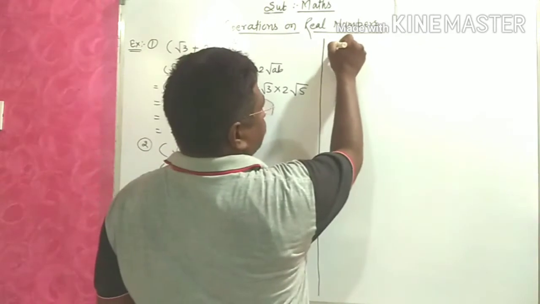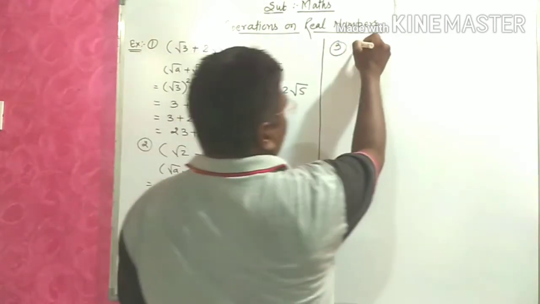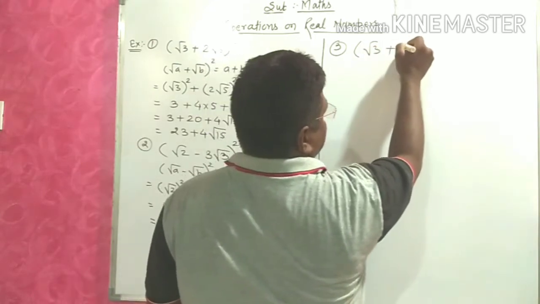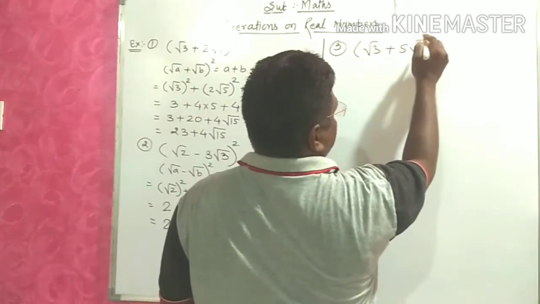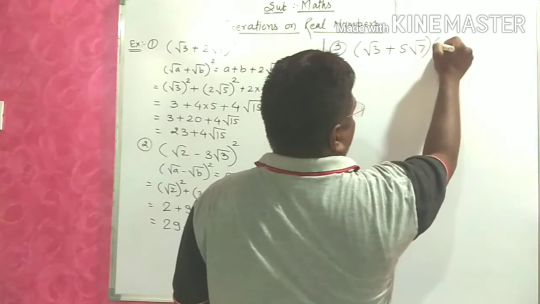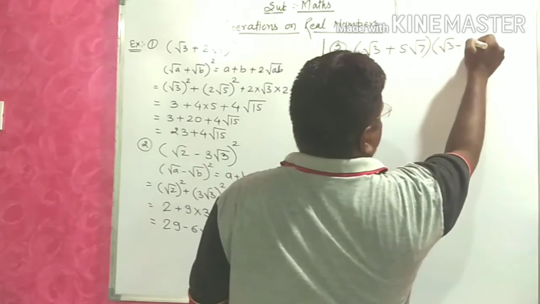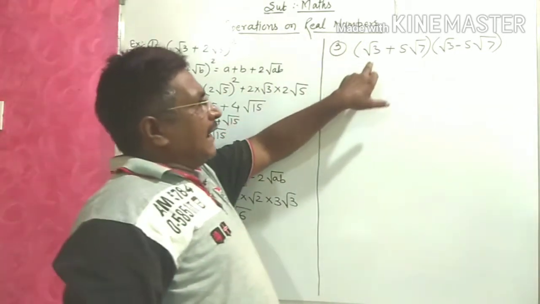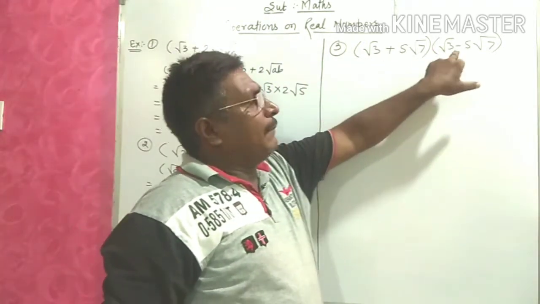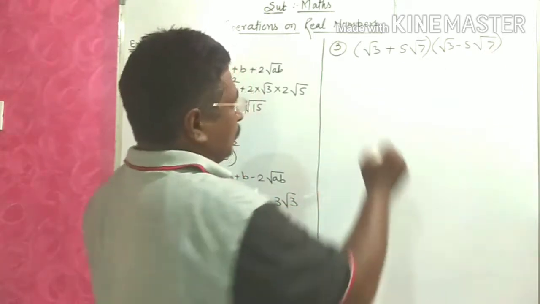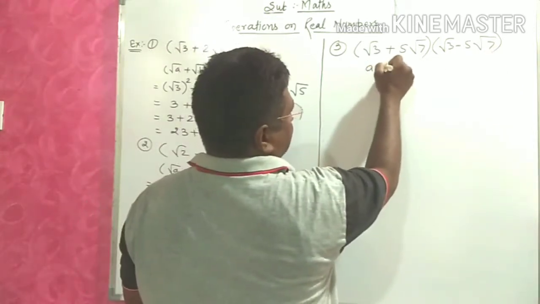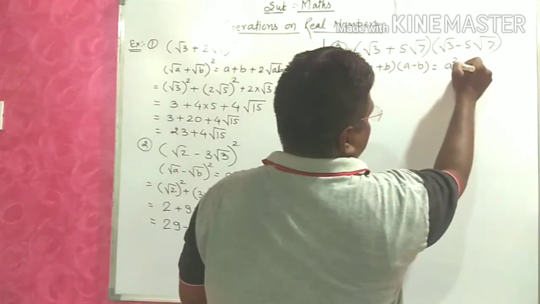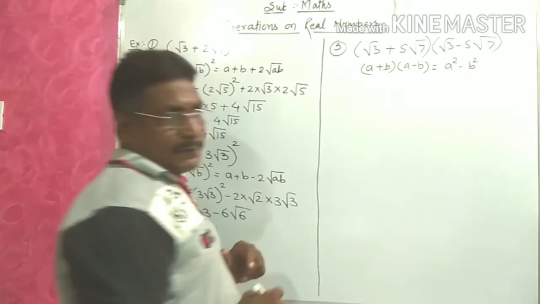Now third, (root 3 plus 5 root 7) into (root 3 minus 5 root 7). See student here, (a plus b) into (a minus b). What will we get? a square minus b square.